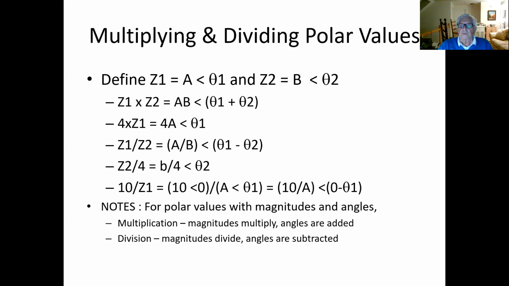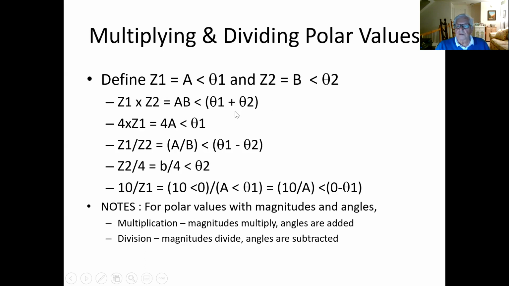So what's the significance of using polar values? Because they are a simple way of multiplying and dividing. If we define Z1 as A with an angle theta 1 and Z2 as B with angle theta 2, and we multiply Z1 by Z2, we simply multiply A and B together to get the magnitude of Z1 times Z2, and then we simply add the two angles.